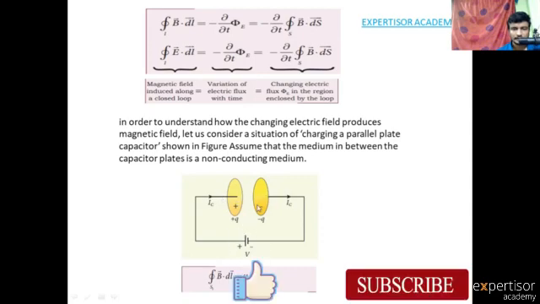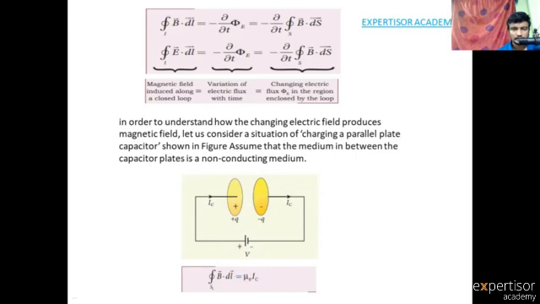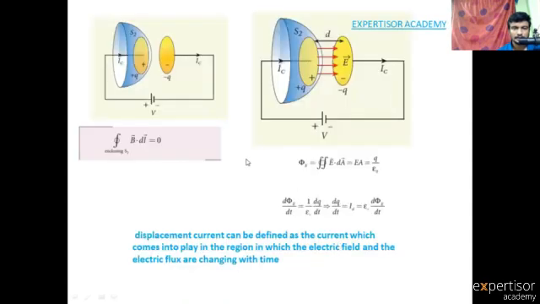Here we are representing one battery. Here I suffix C is the current of the capacitor. So here the magnetic field is equal to mu naught into the capacitor current.